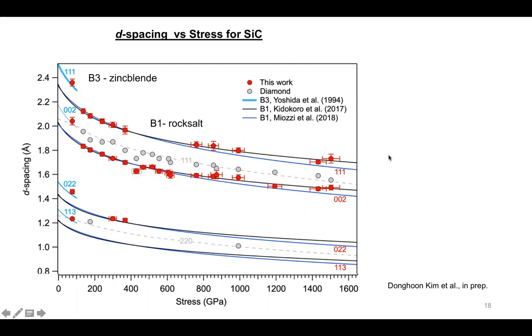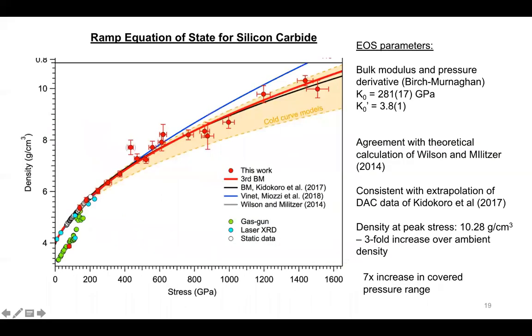Okay, so we can get d-spacing over a very wide range. Then we can calculate density as a function of stress out to 1500 GPa, 1.5 TPa. So the red line is a Birch-Murnaghan equation of state fit to our data.